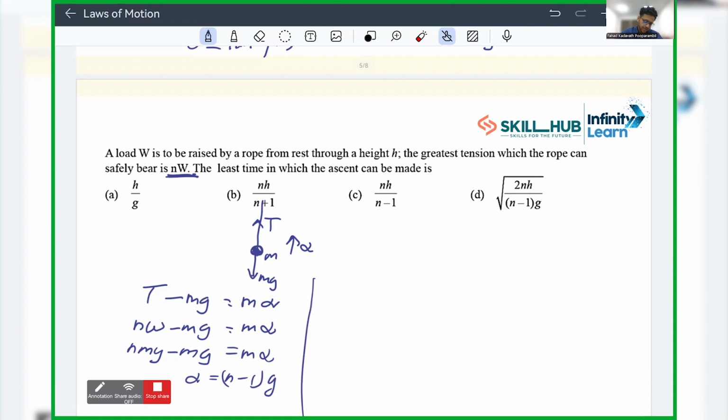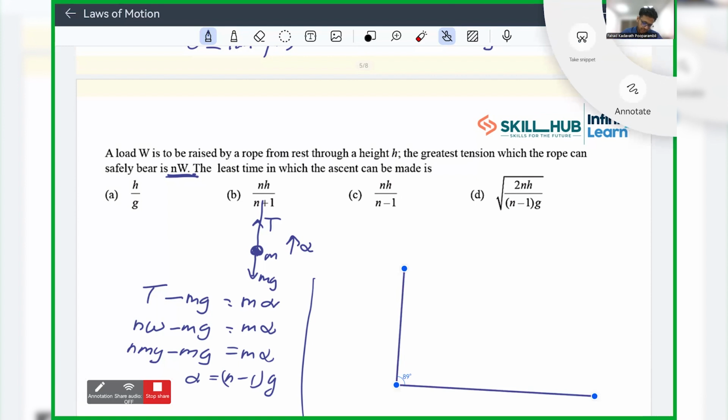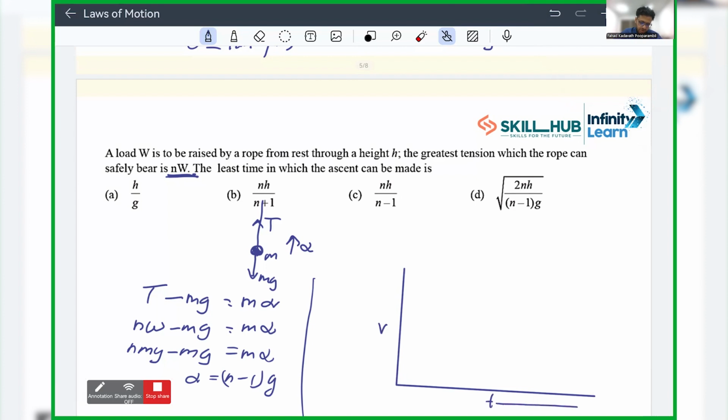So we can draw a velocity time diagram for this question. It travels a total time of t. Initially, it starts from rest with an acceleration alpha for a certain time.